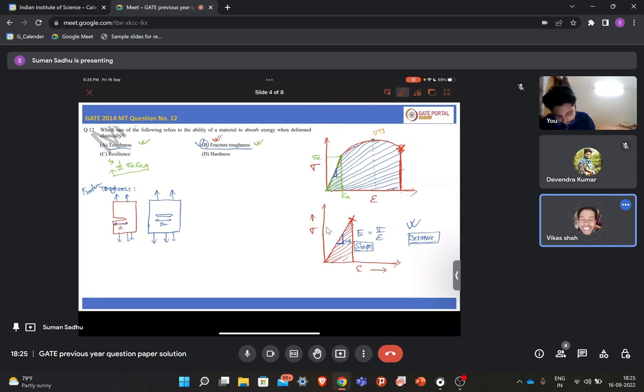Let's say this will be the stress line. When it comes near the crack, it will bend like this because of the unavailability of the material near the crack. So the stress line will be bent like this.